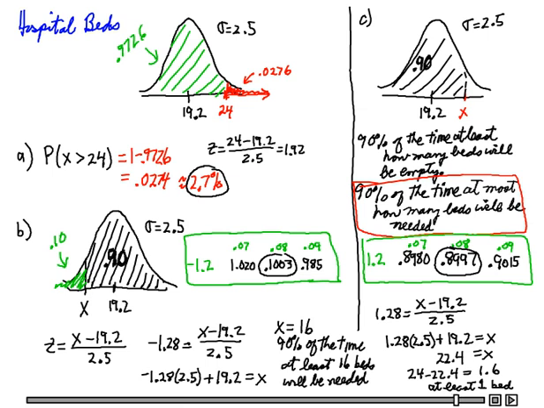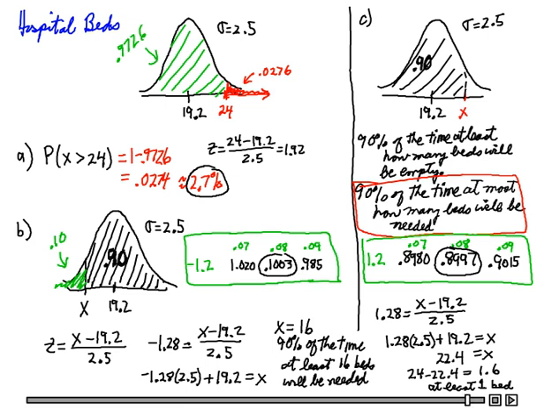At least one bed will be empty. That part C is a little tricky, so you might have to think about that a little while. The phrases at least and at most and working with the distributions can be a little confusing. You just want to be careful.